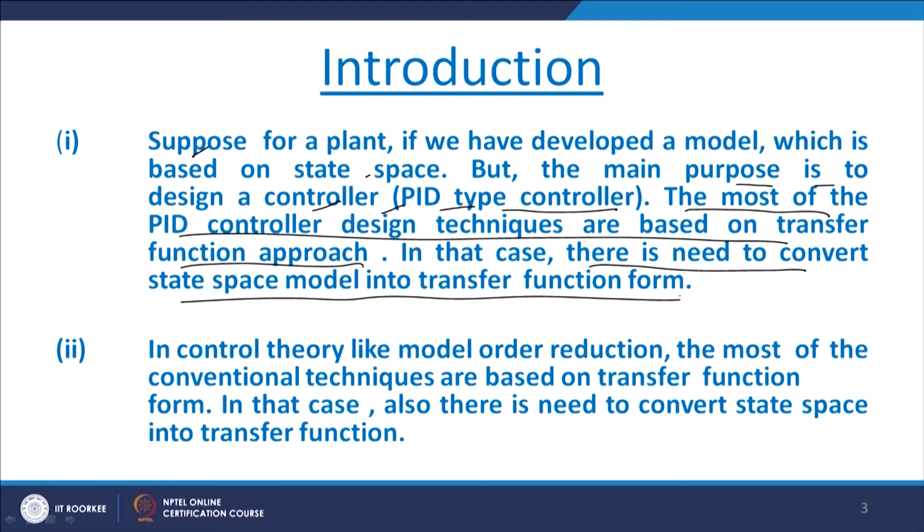Now, next point: in control theory there is one area which is called model order reduction, and there also we are reducing a higher order model to a lower order. But if the system is given in state space form, then getting the reduced model is quite difficult, since many of the available techniques are based on the transfer function approach.